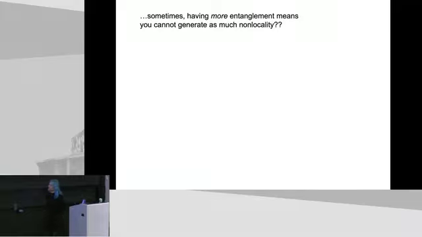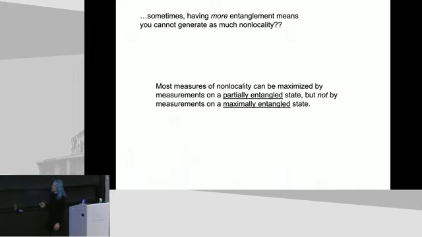So when people started to ask this question, I think about 15 years ago, they realized that something odd was happening. Sometimes having more entanglement meant that you couldn't generate as much non-locality. To put it a bit more formally, what they were finding over and over was that measures of non-locality typically could be maximized by partially entangled states, but could not be maximized by maximally entangled states.